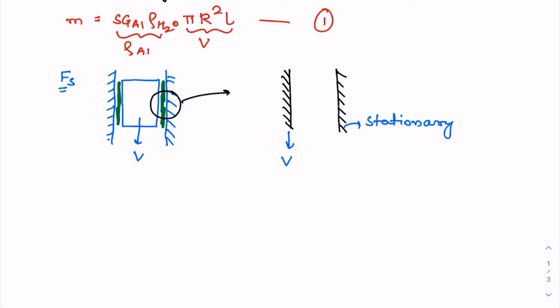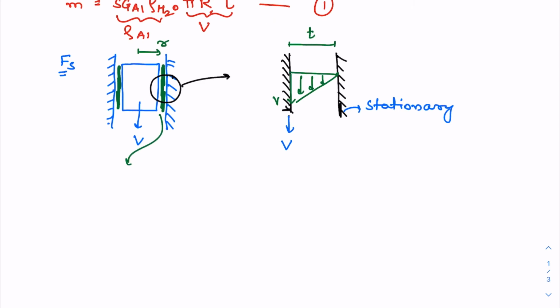Because of the no slip boundary condition, the velocity of the fluid near the tube is zero, while the velocity of the fluid close to the piston is exactly v. And in between, the velocity varies linearly like this. This is the radial direction, and let's say the thickness of the film is t.